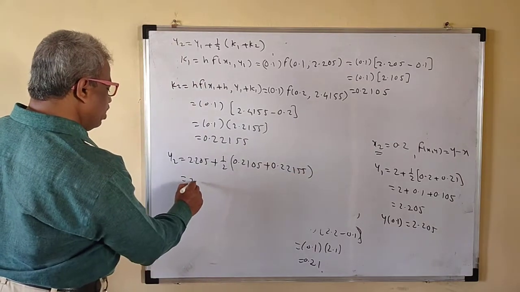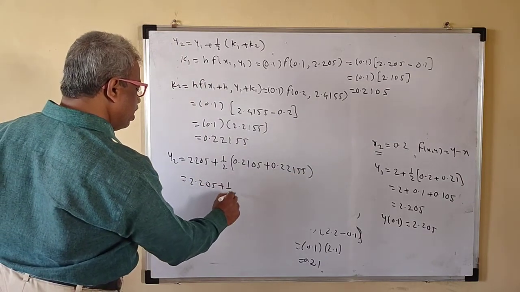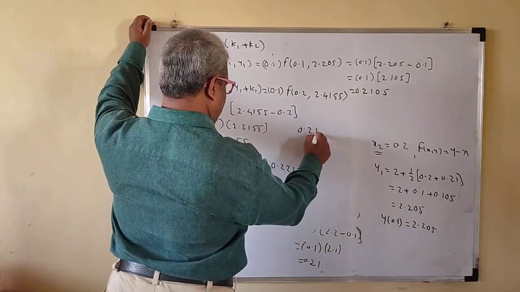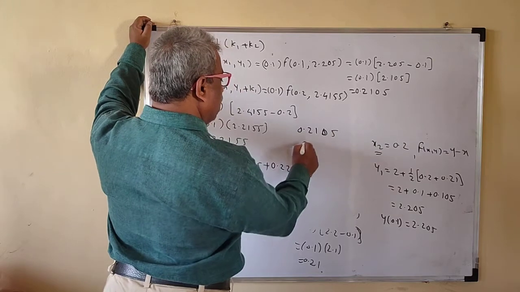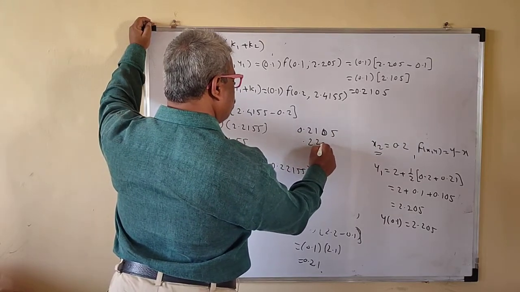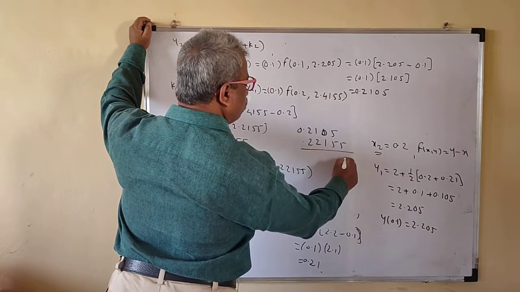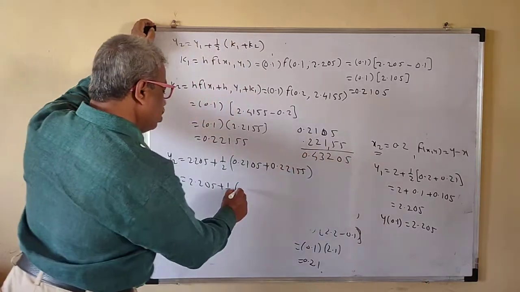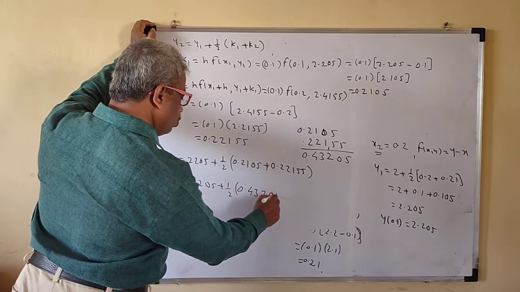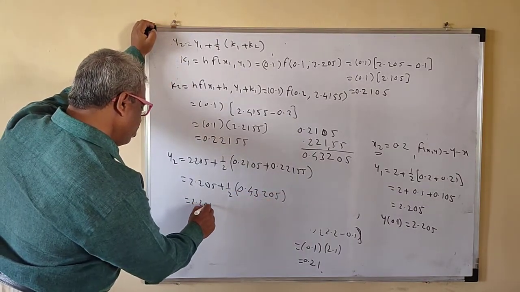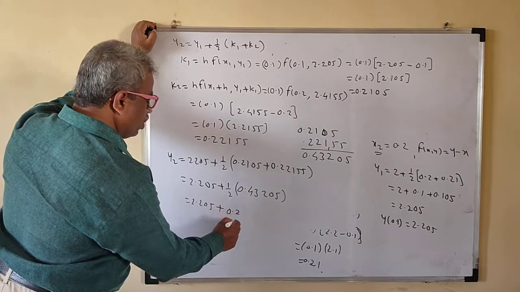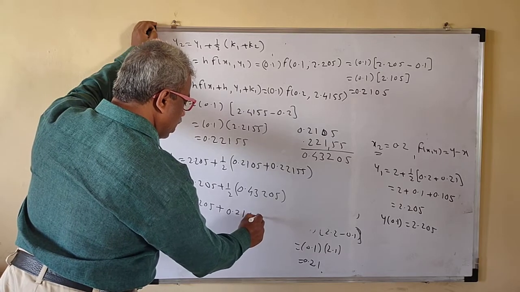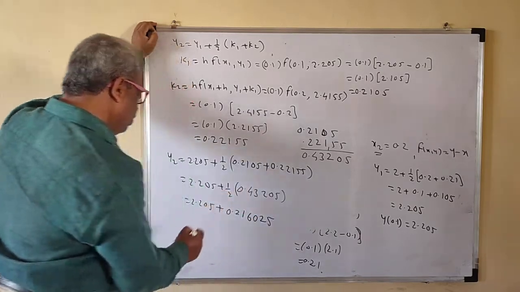You take the addition and then divide by 2. So the sum is 0.43205, and dividing this by 2 gives 0.216025.